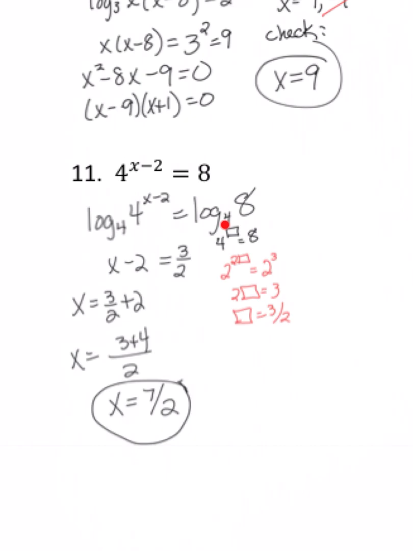Over here, 4 to the what equals 8. Obviously, that's not perfect, but both 4 and 8 have a like base of 2. So 4 is 2 squared, so I get 2 to the 2 times something equals 2 to the third. So 2 times something equals 3.